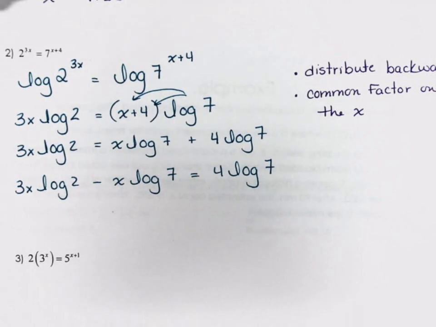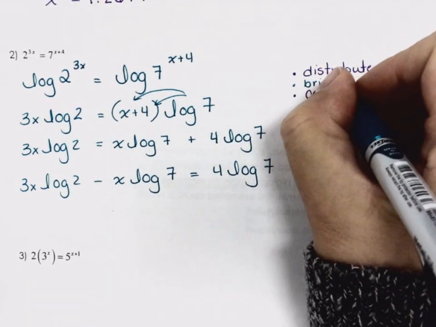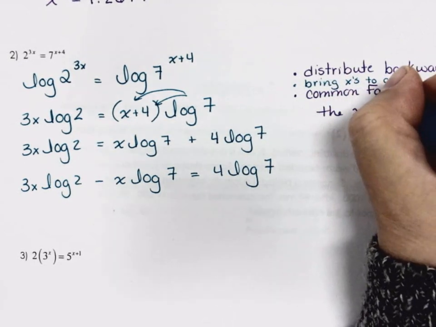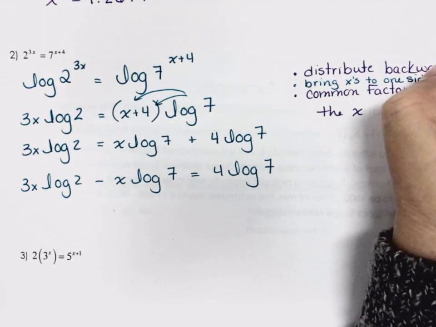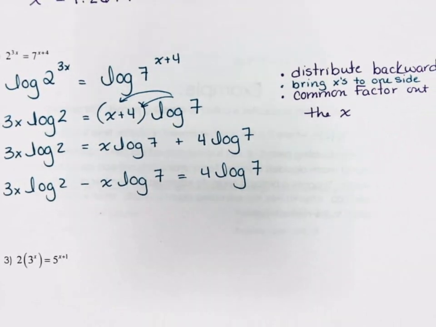Well, this one we didn't need it, like the one above it, we only had x's on one side, so it was nice and straightforward. This time, bring your x's to one side, number logs to the other, and then you're going to common factor out the x.